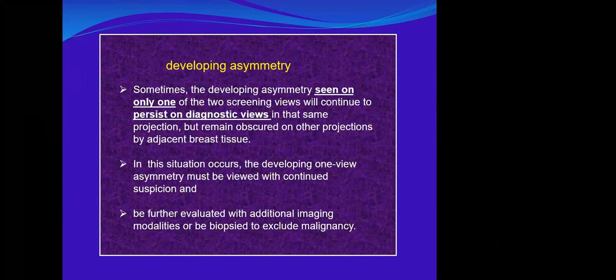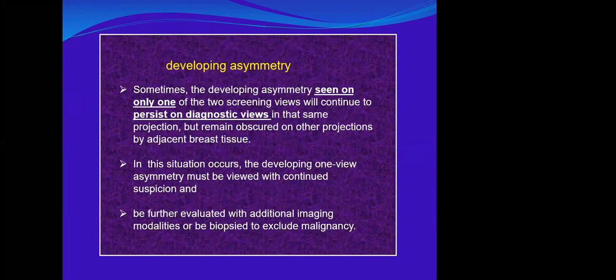But if you see it in a single projection, don't say this is an asymmetry in a single projection, it is not suspicious. Since it is a developing asymmetry, if it is seen in a single or more than one projection, we have to consider it as BI-RADS 4 until proven to be downgraded by history, by ultrasound, by additional projections or spot magnification or whatever.